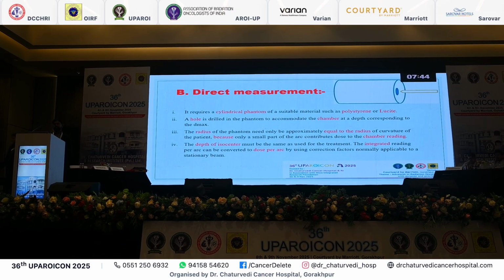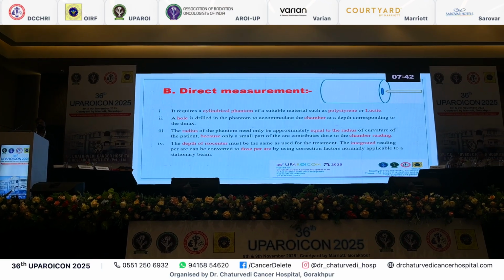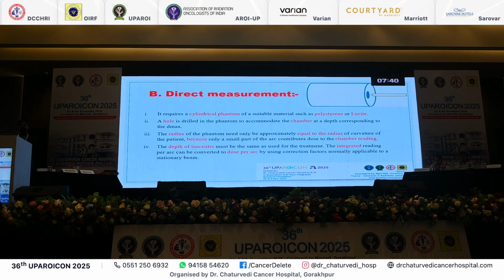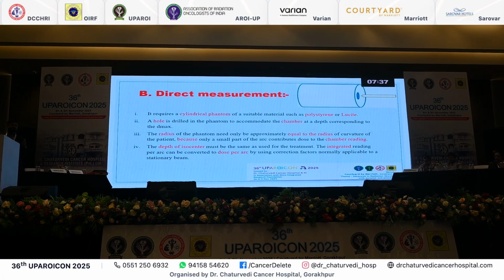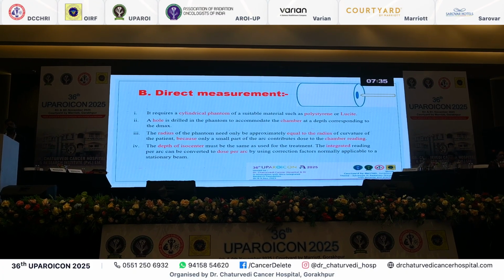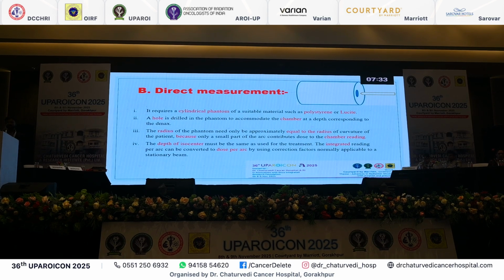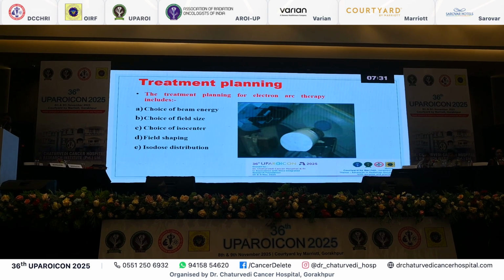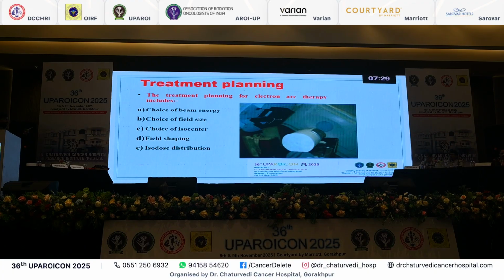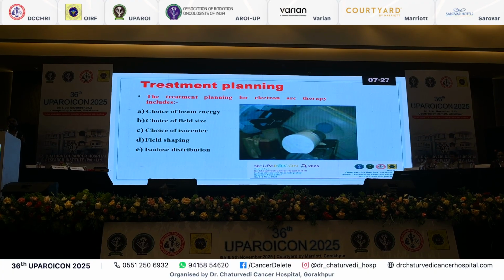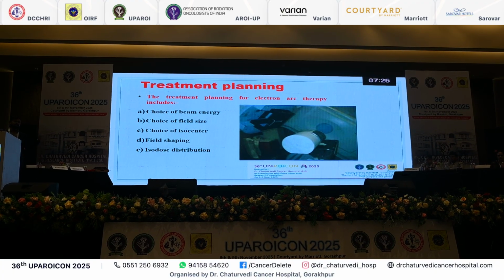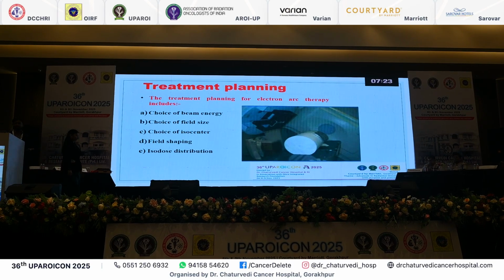The depth of the isocenter must be the same as used for the treatment. The integrated reading per revolution can be converted to the dose per revolution by using correction factors normally applicable to the stationary reading. And this is the Alderson phantom. In between there is a hole for the ionization chamber to measure the dose.